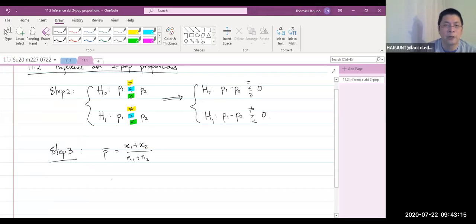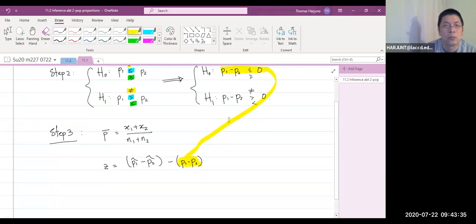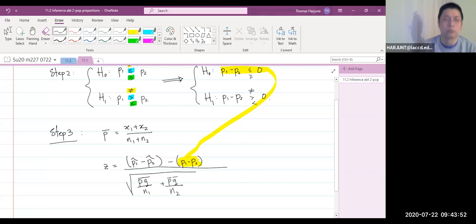That's the pooled proportion. And the test statistic will be P1 hat minus P2 hat minus (P1 minus P2). Now that part will be 0. Over the square root of P hat Q hat over N1 plus P hat Q hat over N2. The rest are the same.